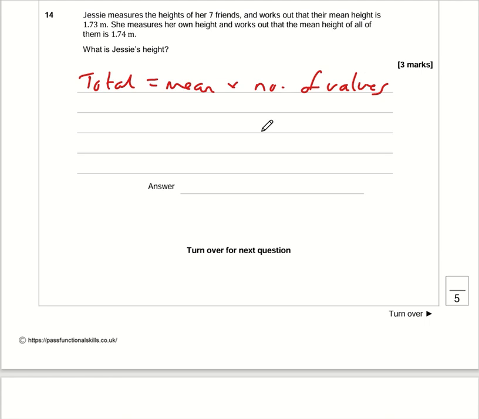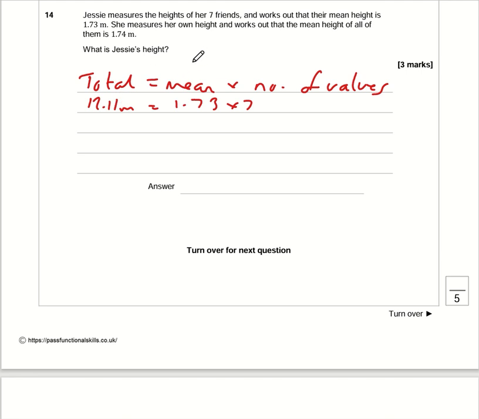So in this case, the total is 1.73 multiplied by 7. This is a calculator question, so you can use a calculator. That is 12.11 meters. So these 7 friends combined come to 12.11.